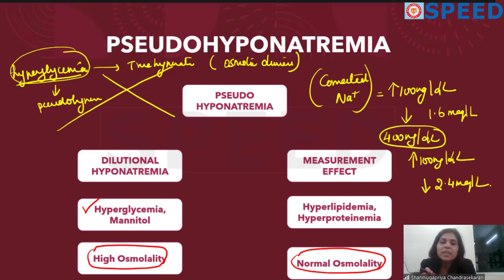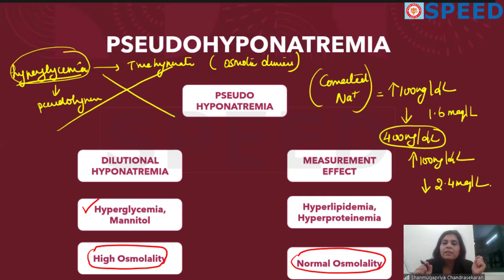So corrected sodium. The purpose of calculating corrected sodium is to find out whether there is just a pseudo-hyponatremia in a hyperglycemic condition, or is it a true hyponatremia, for which you should do a correction factor.